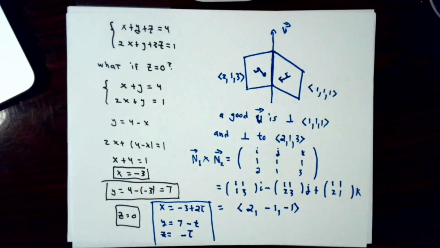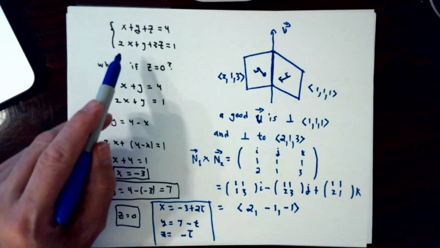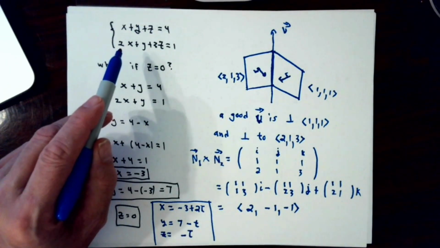And z has value at the known point 0. This component's -1. 0 plus -1 times t. Z is just going to be -t. These are parametric style equations for the straight line formed by intersecting these two planes.